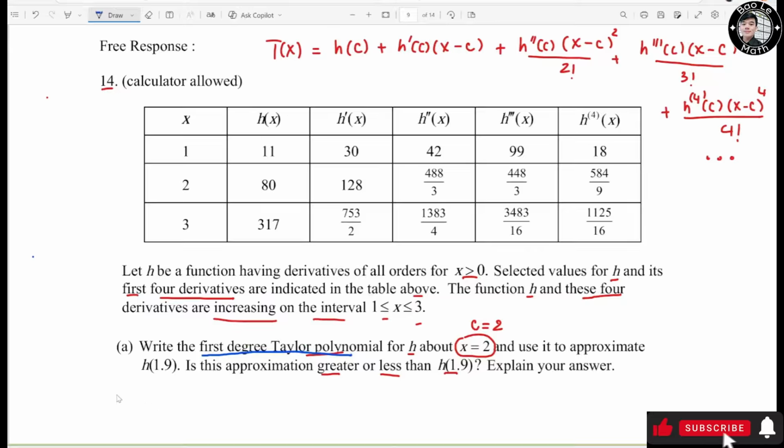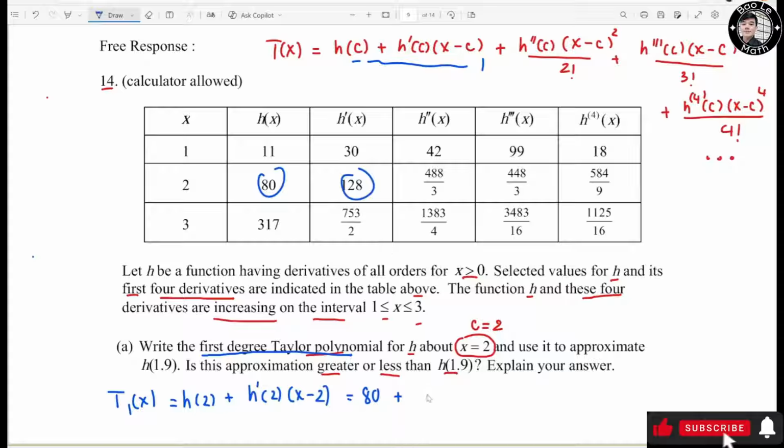So we have T1 of s equals h of c, which means h of 2, plus h prime of 2 times s minus 2. We stop right here, right? So this is the first degree. Now we substitute values. H of 2 is 80 right here, plus h prime of 2 is 128 right here, times s minus 2, right?